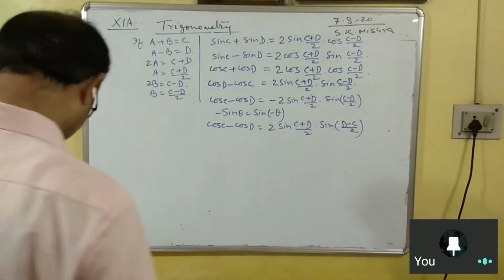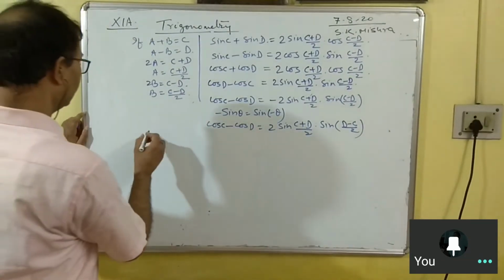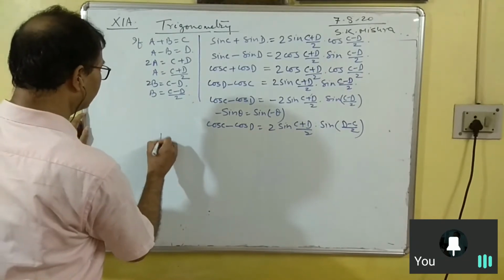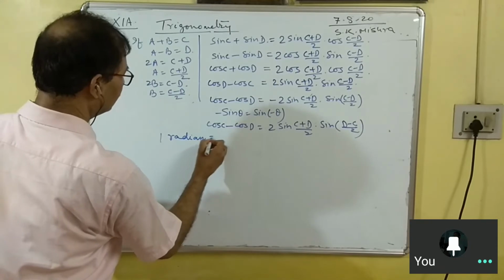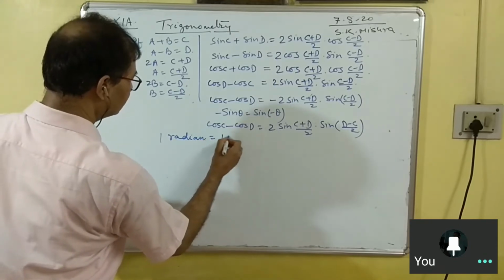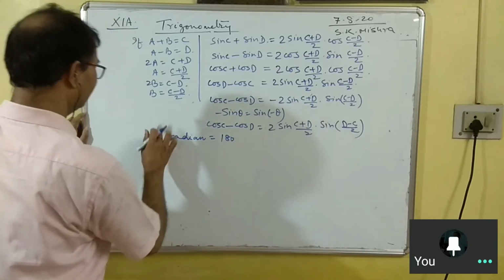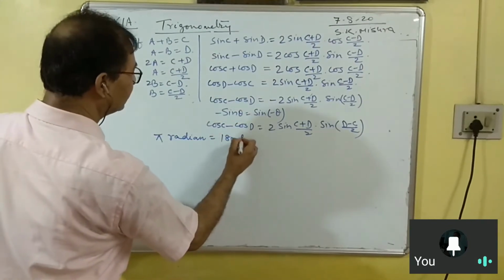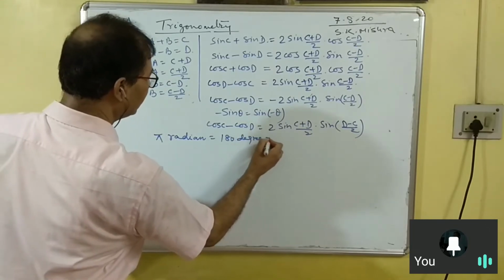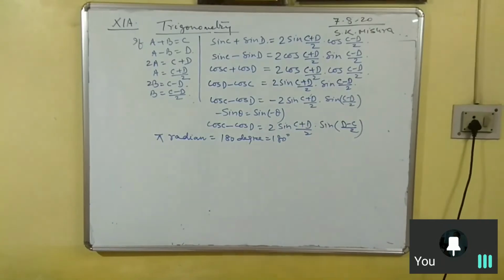Now a simple question I am asking: 1 radian is how many degrees? Pi radian is 180 degrees.